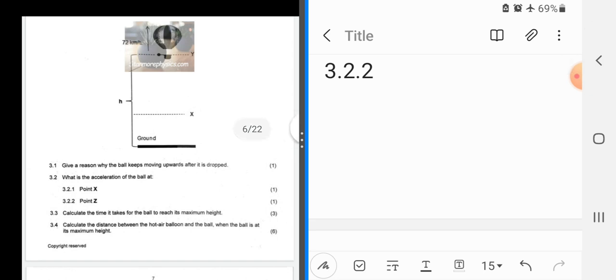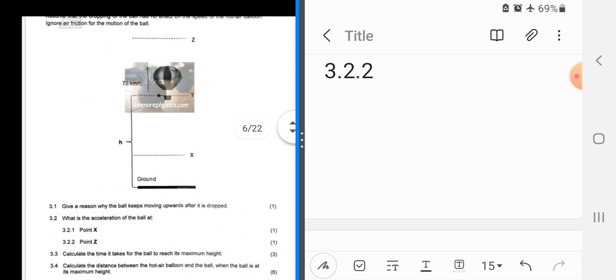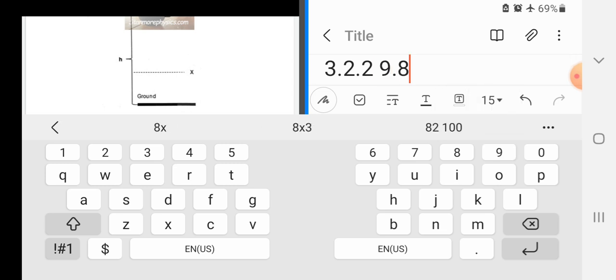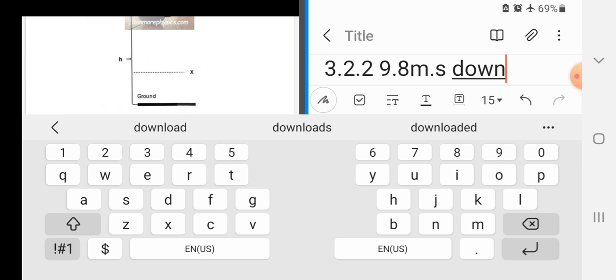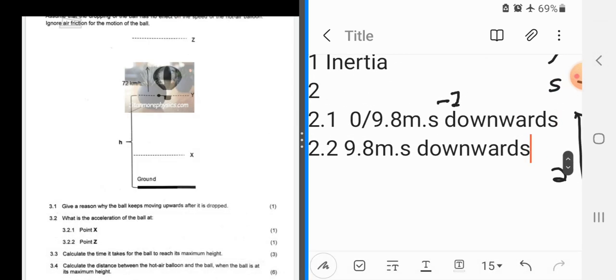And then, what is the acceleration of the ball at point Z? It's still the same: 9.8 meters per second squared down, because the ball is coming downwards.